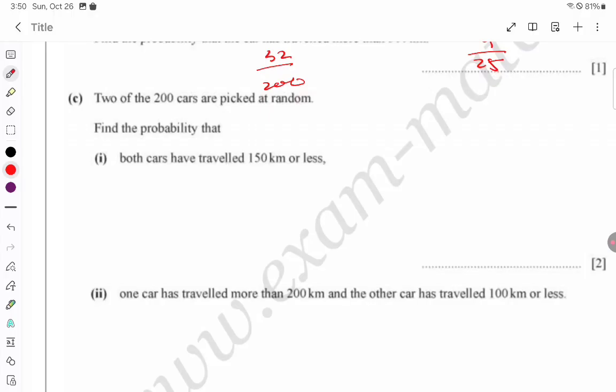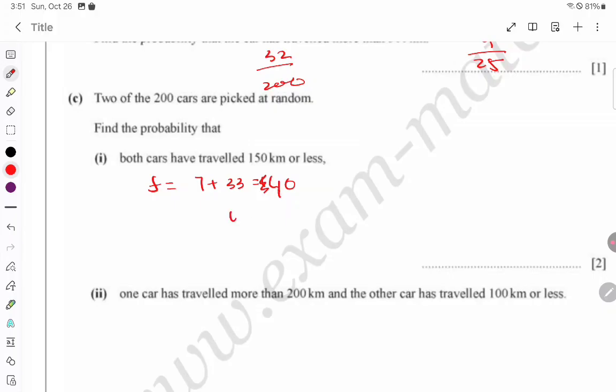For the first frequency, 7 can be less than, and 33 can be less than, it will become 40.